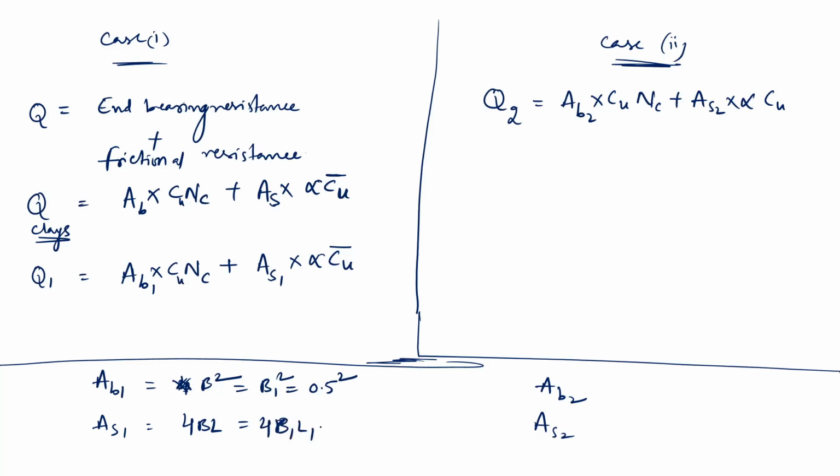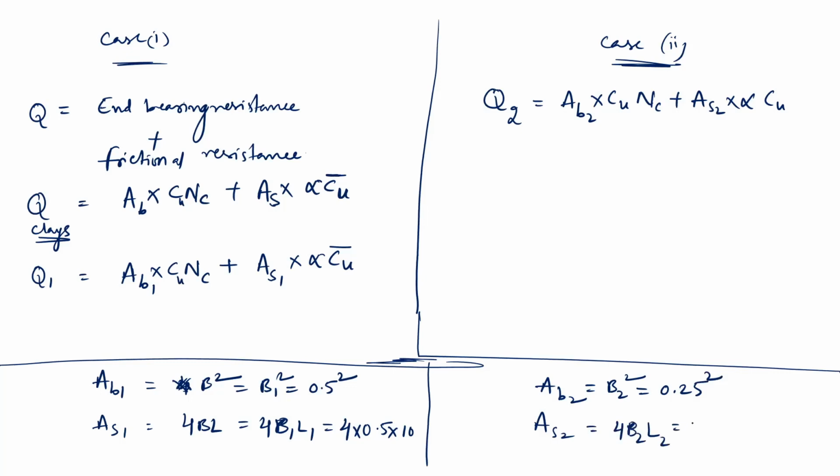Okay, let us keep it like this, or else you can substitute 4 into 0.5 into 10 meter. So this is AS1. Now what is AB2? B2 square, right? So what is B2? 0.25 square. What is AS2? 4 into B2 into L2.